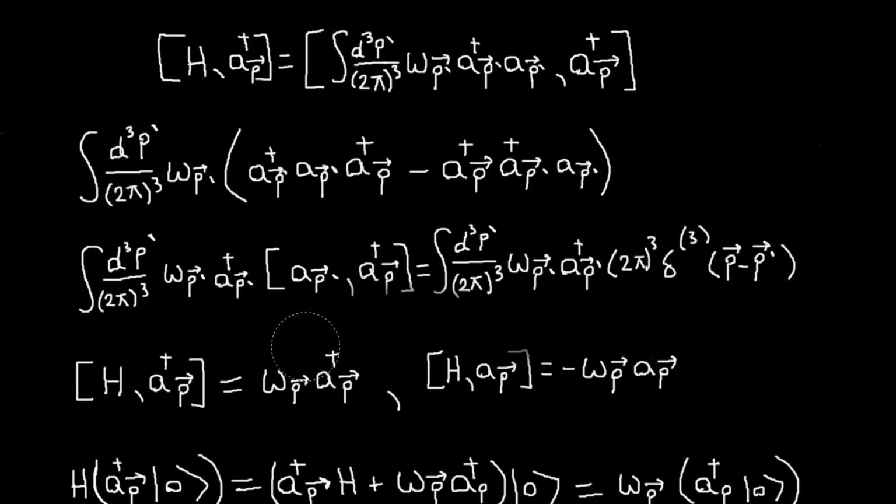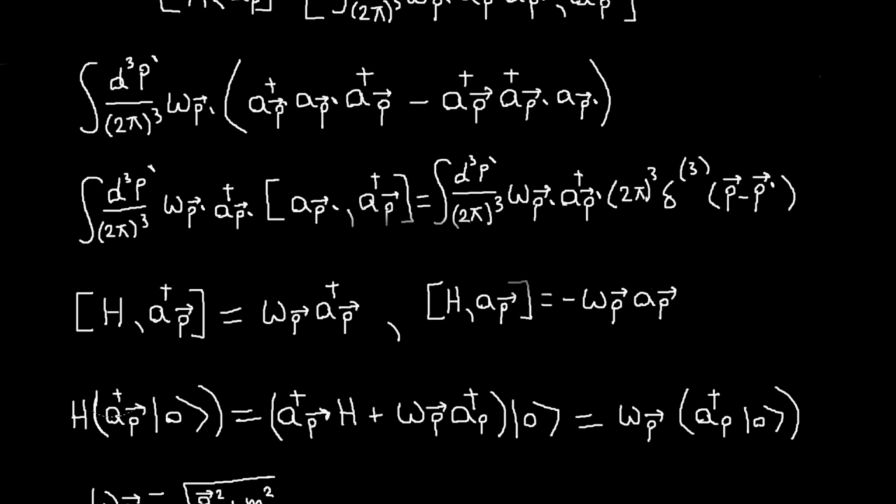So now that we have that, we can work out our excited state. If we have A dagger acting on the ground state, that will be an excited state. And we want to know what is the energy of that state. So to find the energy of that state, we're going to act the Hamiltonian on the state. To compute this, we will commute our Hamiltonian past A dagger and use our commutation relation, and we'll get this.